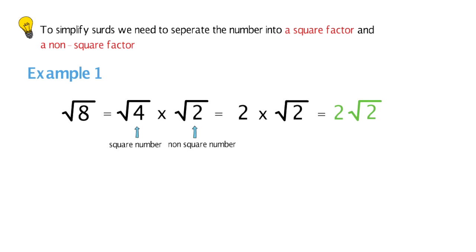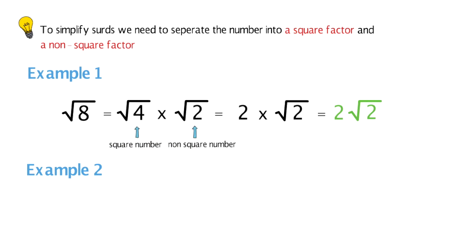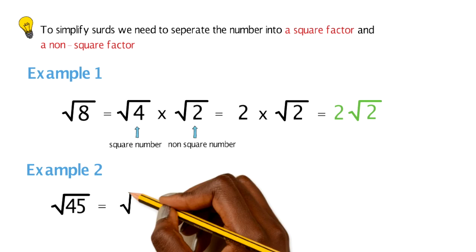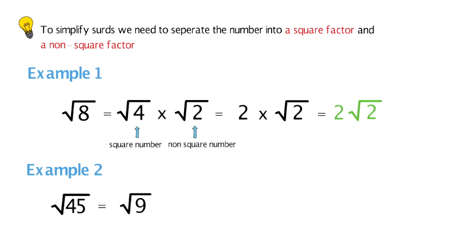Another example of simplifying a surd. If we have the square root of 45, so root 45, two factors that we can think of that make 45: a squared one would be root 9, so that would be our squared number factor, and our non-squared number factor will be root 5.